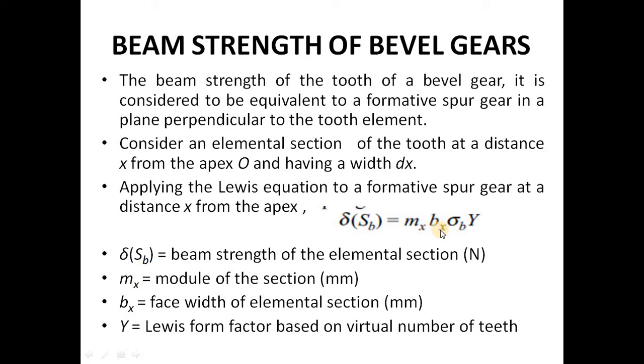Bx is also equal to dx, the size of that element, sigma b is the stress, and Y is Lewis's form factor for that elemental section, depending upon the virtual number of teeth. This is the formative spur gear equation for the dx element.